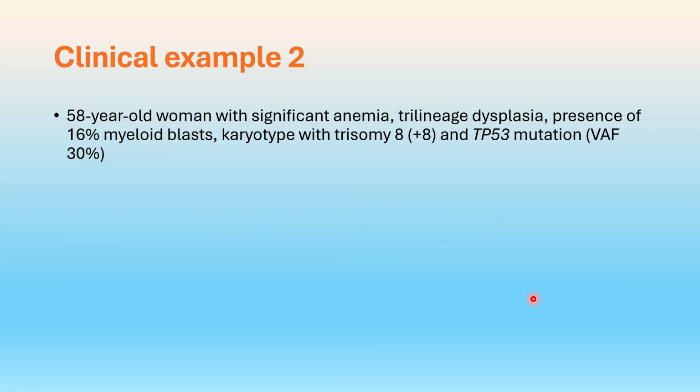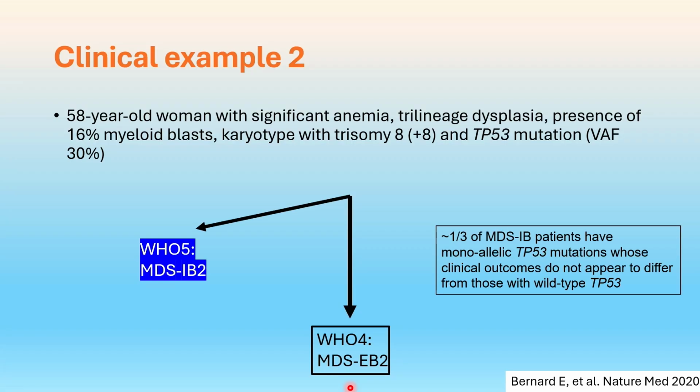Now imagine you have the same lady with the same anemia, dysplasia, 16% blasts, but the karyotype only has trisomy 8. So you have one-hit P53 abnormality, not two. In this case, the WHO 4th edition, again, is going to put this into MDS excess blasts 2.